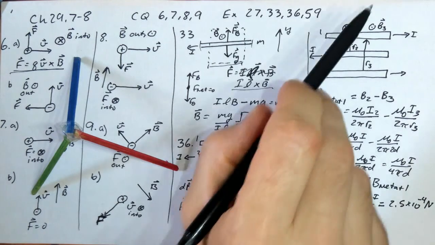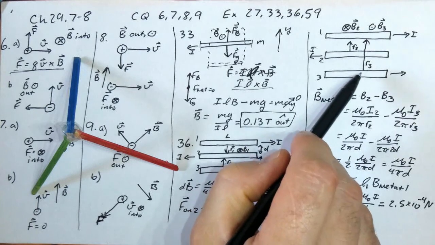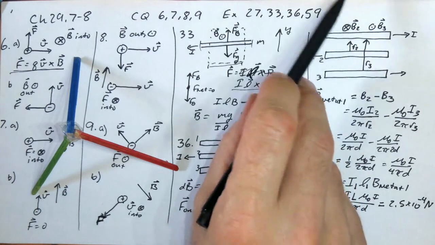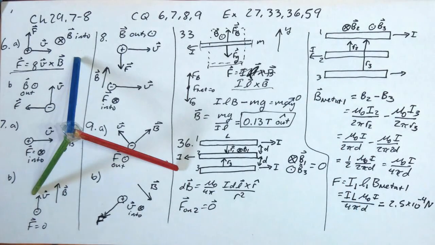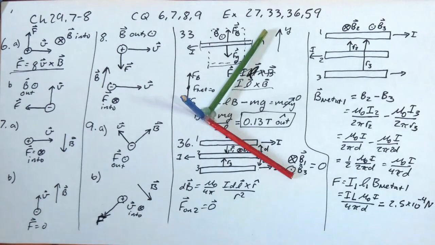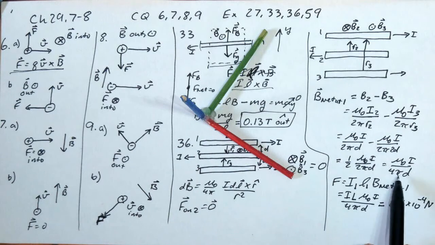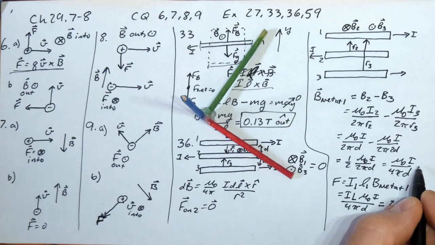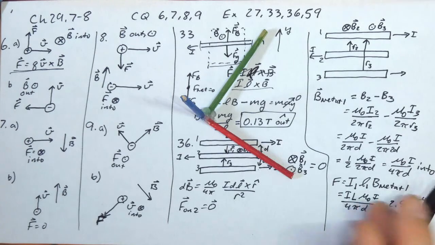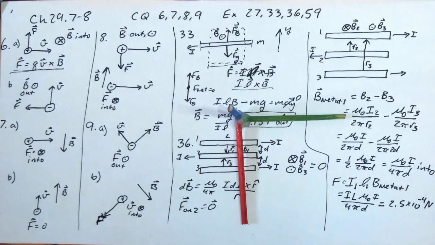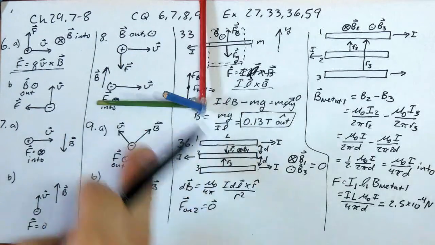But the question is, is this pulled towards them? Is it an attractive force, or is it pushed away from them? Well, we can use our right-hand rule to do that. This was an IL cross B, and we determined that B was dominant into the page. So our current's that way, and our B field, now again, we're using this rule, not that rule, you have to keep these straight.